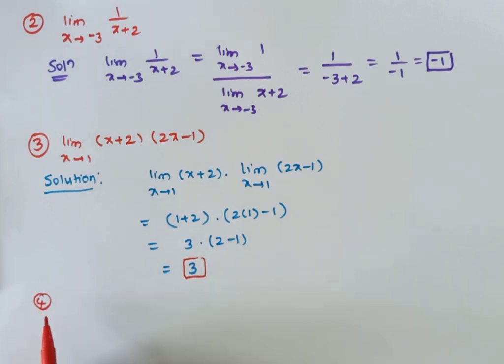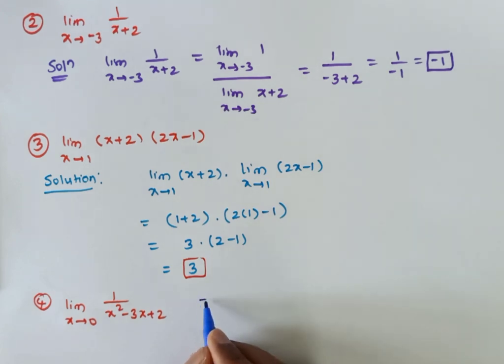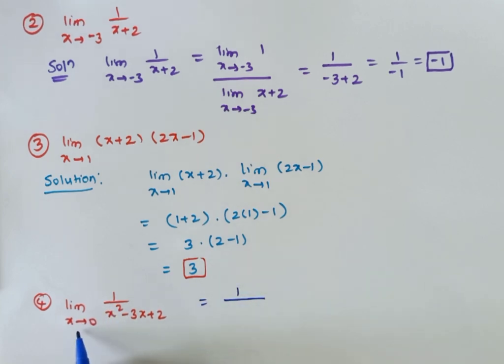Example number 4: limit x tends to 0, 1 by x square minus 3x plus 2. It is like an f by g model, so you can directly apply the limit. Limit x tends to 0 of 1 is 1, divided by limit x tends to 0 of x square minus 3x plus 2, which is non-zero when we apply x as 0.